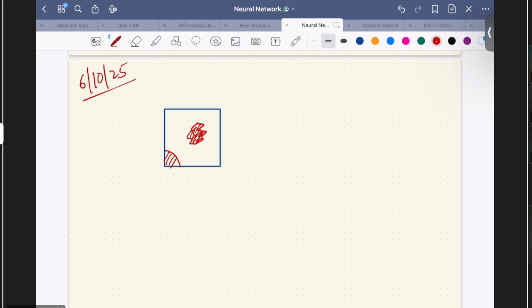Suppose there is data which is partially damaged, and we have some kind of network systems or intelligent systems.